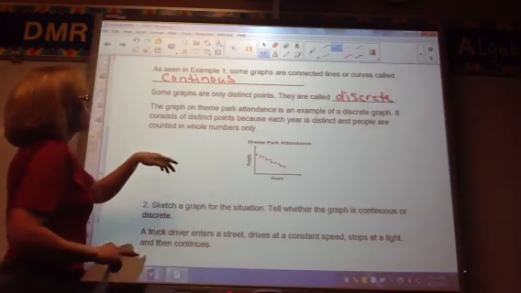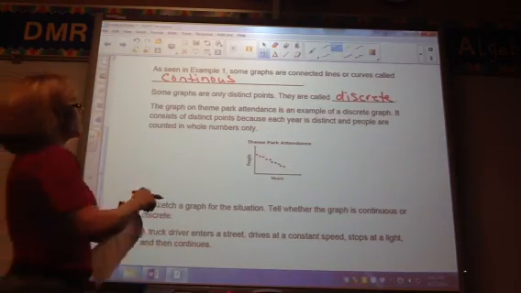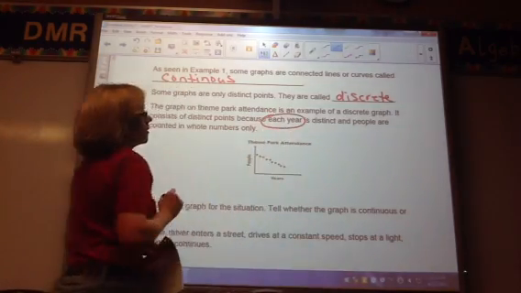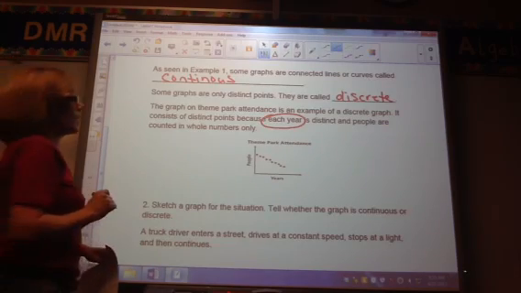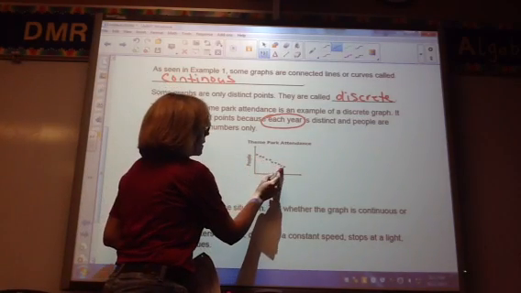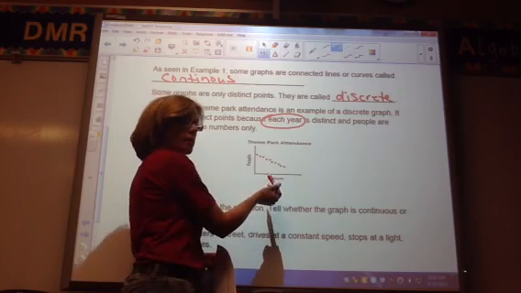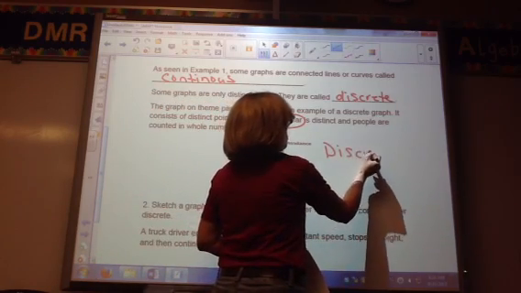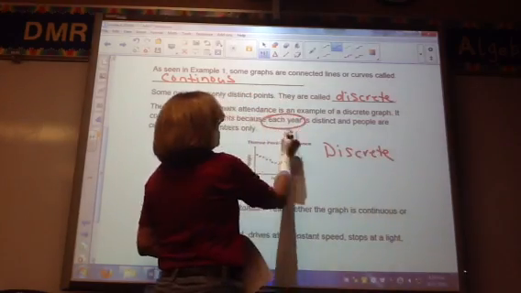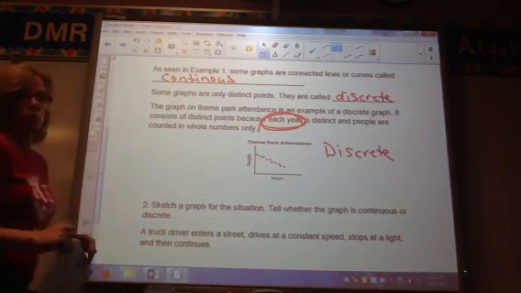The example is showing you each year. They don't want you to break it down into months or weeks. They don't want you connecting these points to find out maybe what 6 months or 1 month would be. So this is an example of discrete. And here's a key word, each, that will help you whether it's discrete or not.